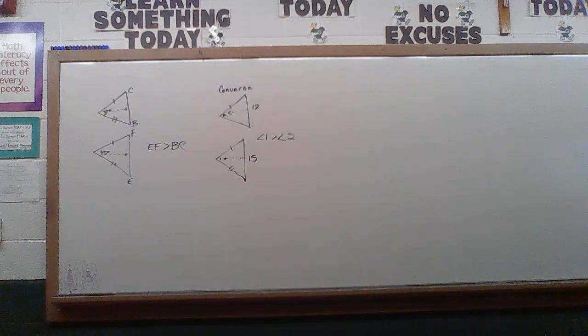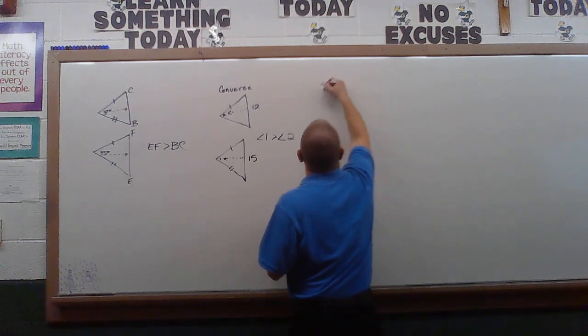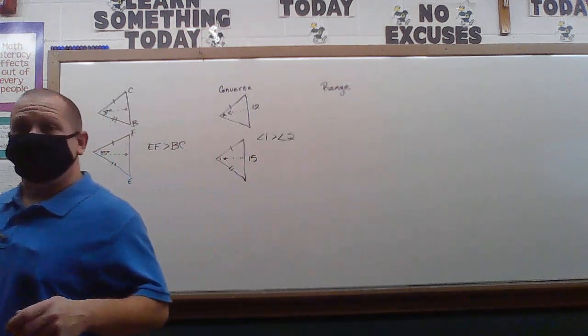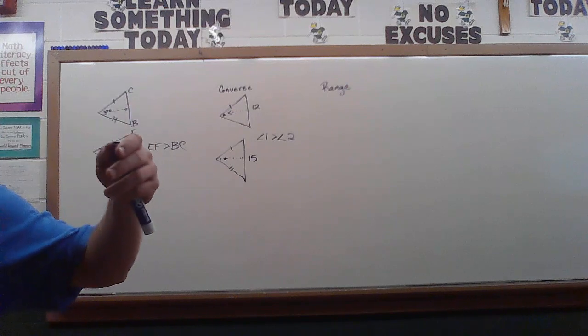So remember now, we're going to look at the range. This is when you're always going to talk about the range is always going to be where it could be in between of, correct?